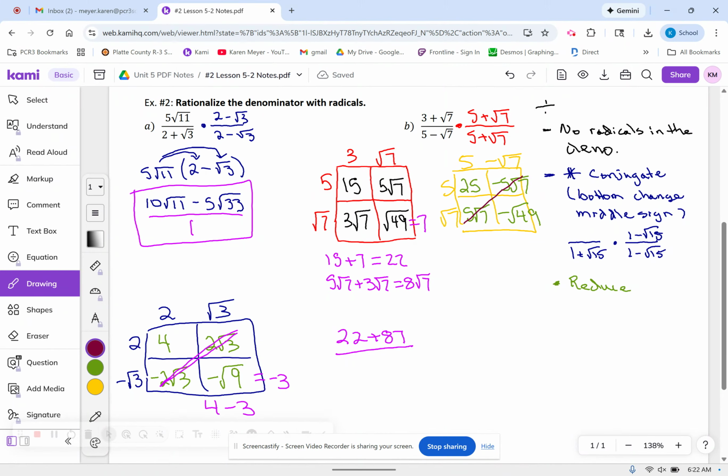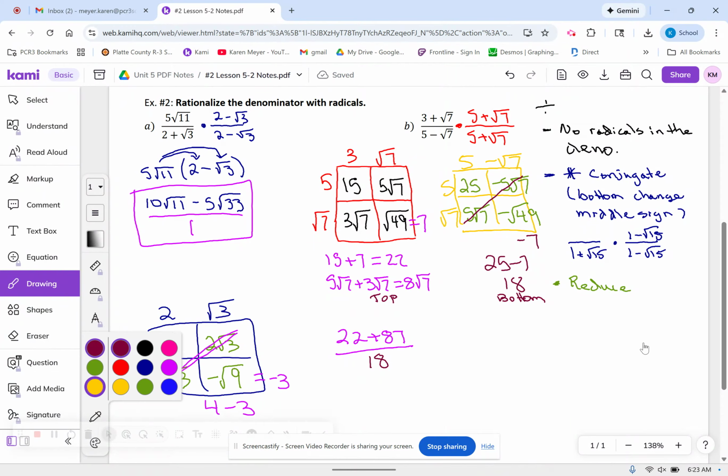Positive 5 square root of 7 and negative 5 square root of 7 cancel. Perfect square in the last box, and square root of 49 is 7, and keep your negative, so that's negative 7. So you're looking at 25 minus 7. And 25 minus 7 is 18. And so that means your bottom is going to be 18.